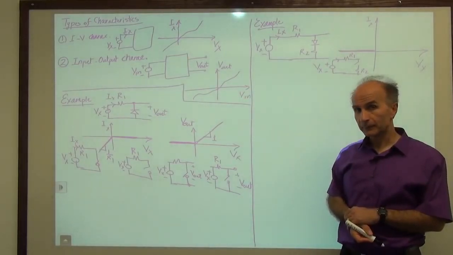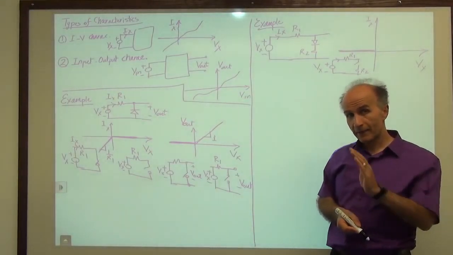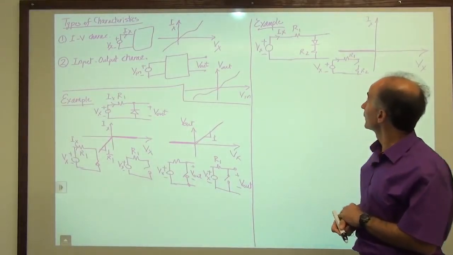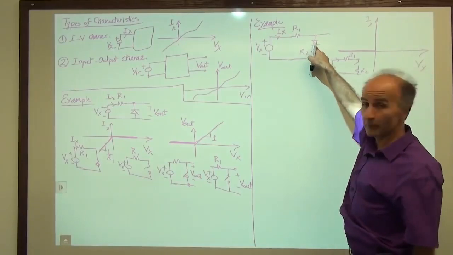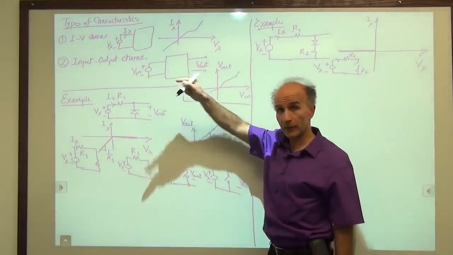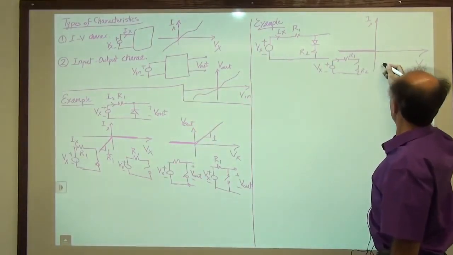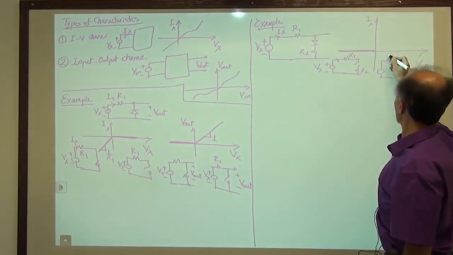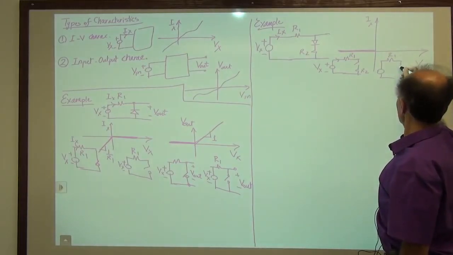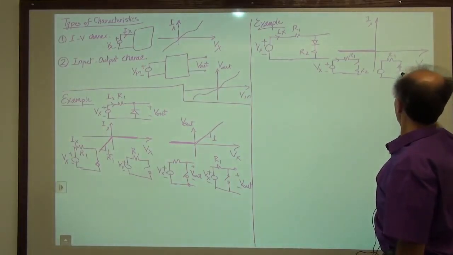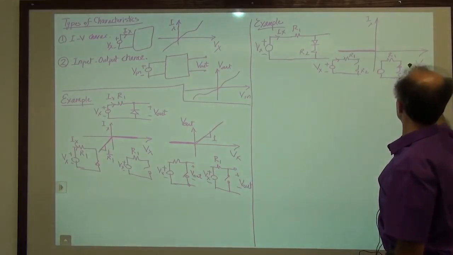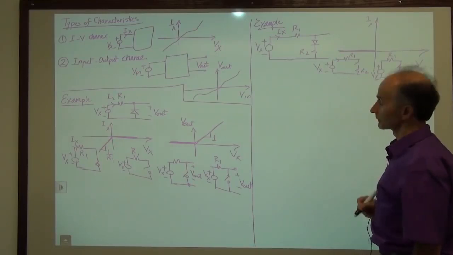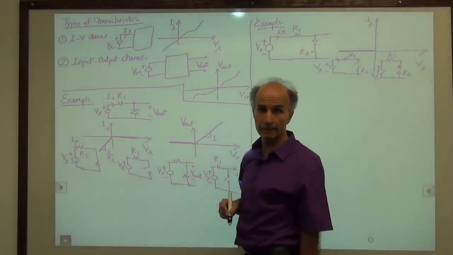Okay, now, when Vx passes 0 and becomes positive, the diode will turn on, just like before. When the diode turns on, we replace it by a short circuit, again from the ideal diode model. So in this regime here, we have R1, and then we have a short circuit, which I draw as a switch again, and R2. And that is Vx. How much is Ix in this case?